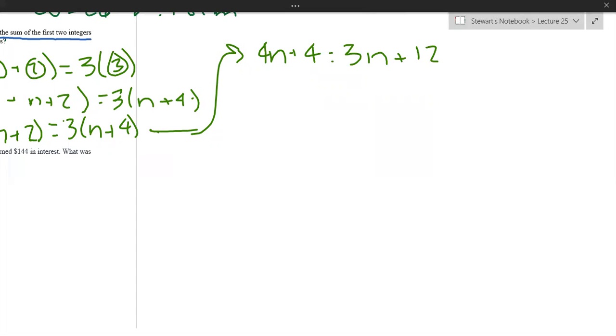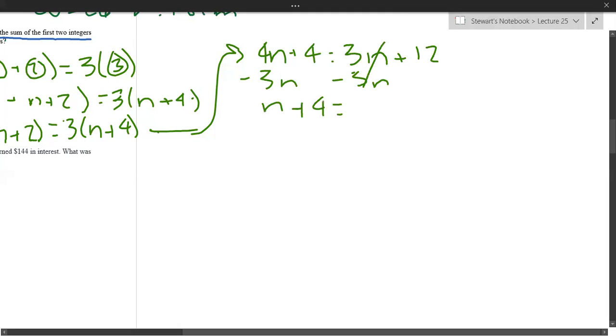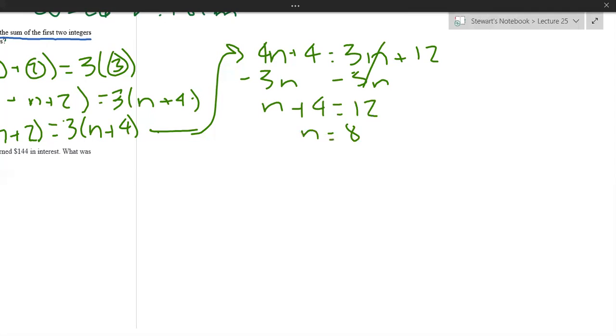And then we want to get all the variables on one side and all the numbers on the other side, which would give us n plus 4 is equal to 12. So now we can see that n equals 8.